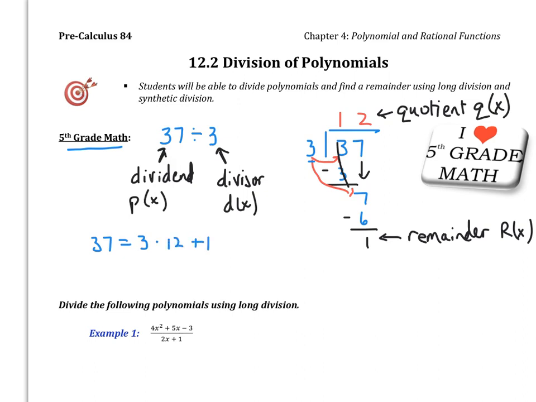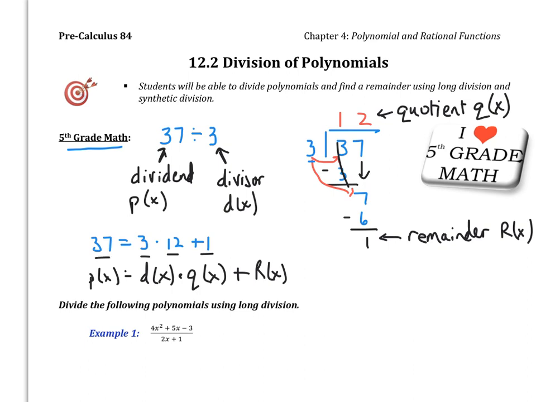So what does that mean in terms of all the words that I've been using? Well, our dividend, P of x, is equal to our divisor, D of x, times our quotient, Q of x, and then plus our remainder, R of x. So 3 times 12 is 36, plus our remainder of 1 gives us our 37.